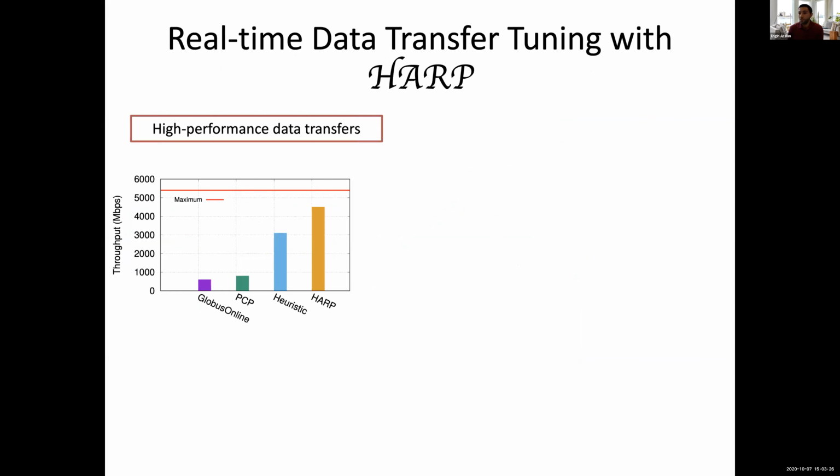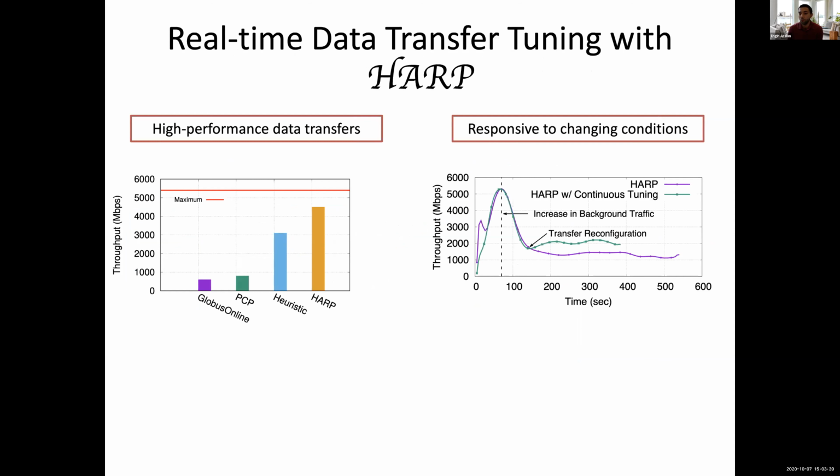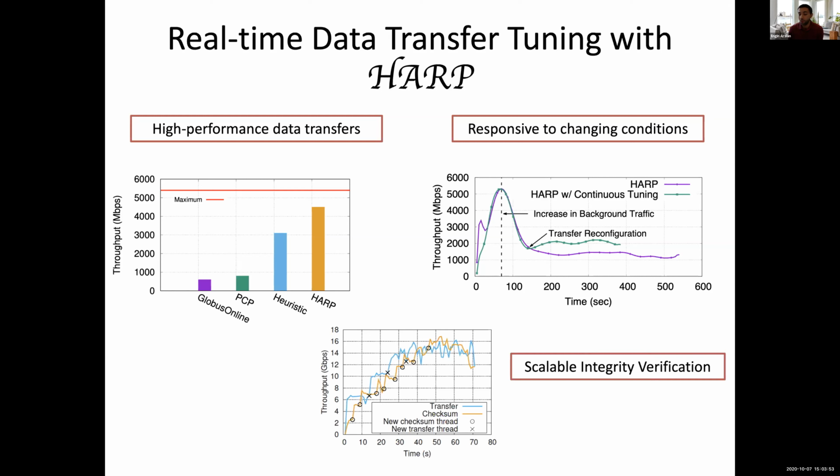So we are proposing to integrate HARP, which is a data transfer algorithm that can provide high throughput. It is also responsive to changing conditions. If your network traffic increases, then HARP can take some steps to mitigate or alleviate the impact of the interference. And it can also support integrity verification that is scalable.